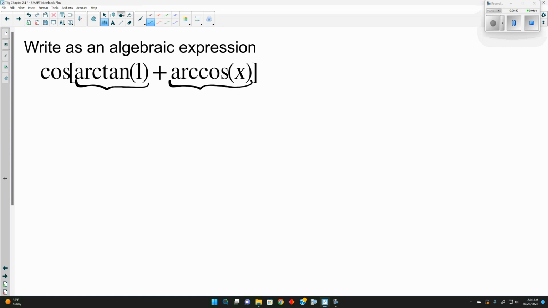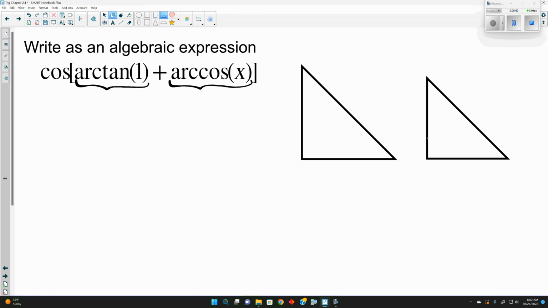Now to get the expression that we want, we're going to end up having to make two triangles. Two different triangles for these here. Because really what we're connecting this to and working this back to is cosine of u plus v. Because this sum and difference formula is just adding or subtracting two angles from each other, dealing with sine, cosine, tangent.